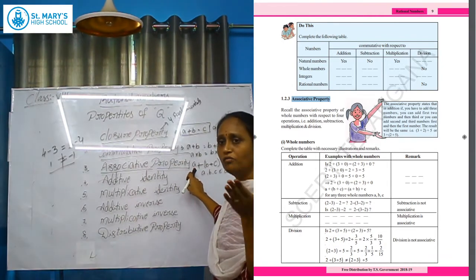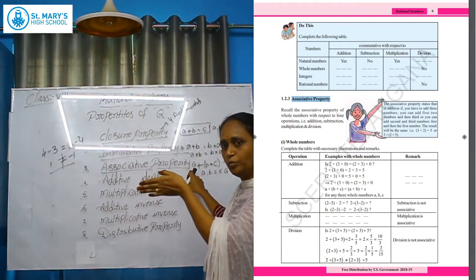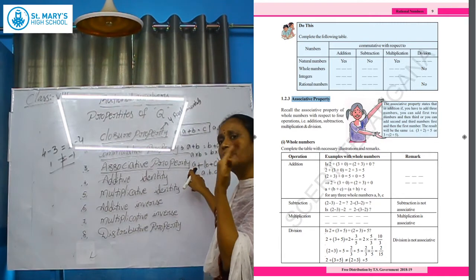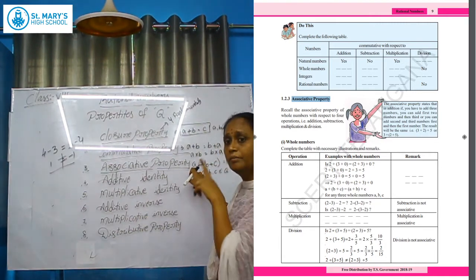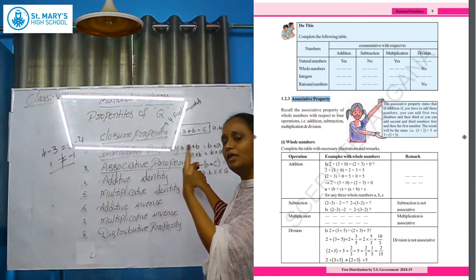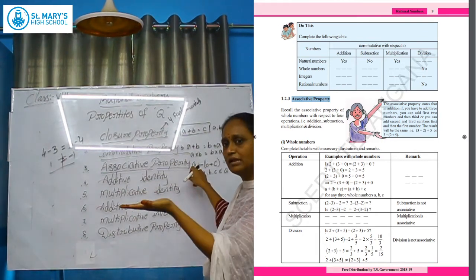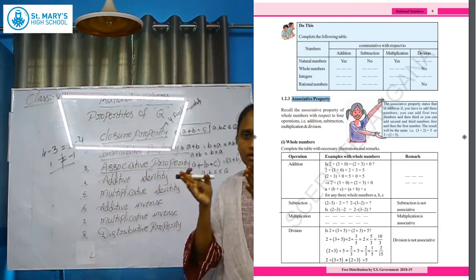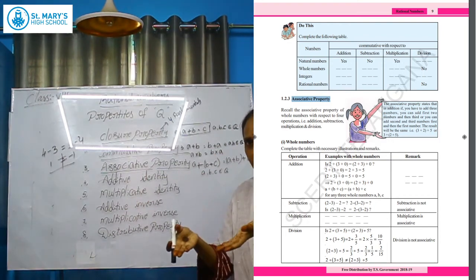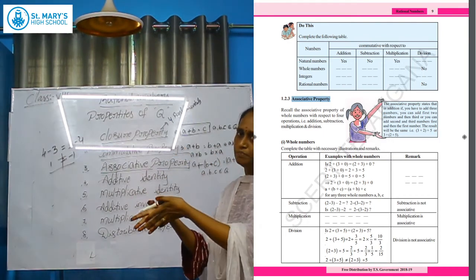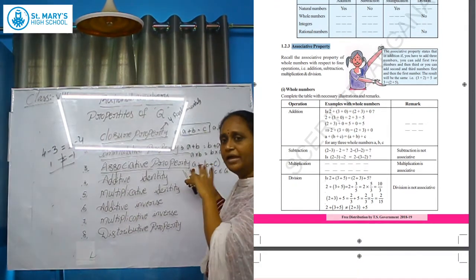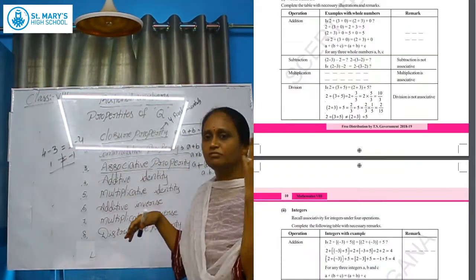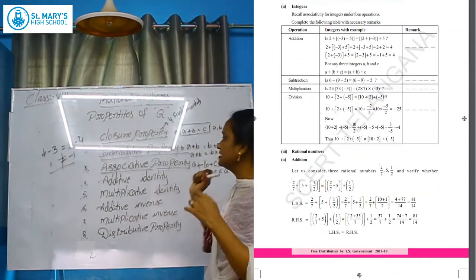To find the sum or product, we first finish the bracket numbers, and afterwards go to the numbers outside the bracket. Remember, the first exercise is based on these properties. So this is the associative property.